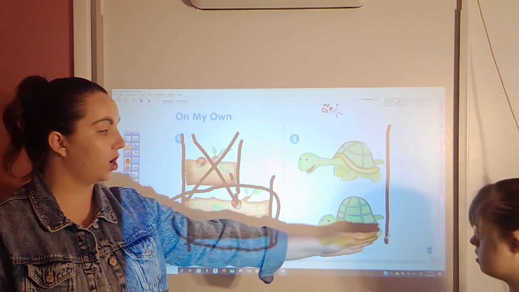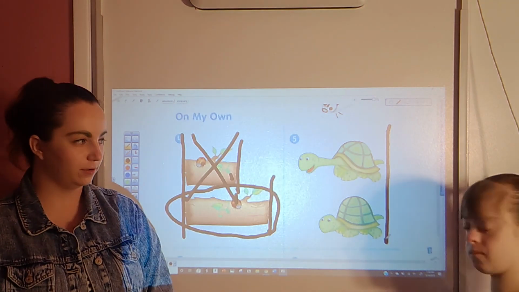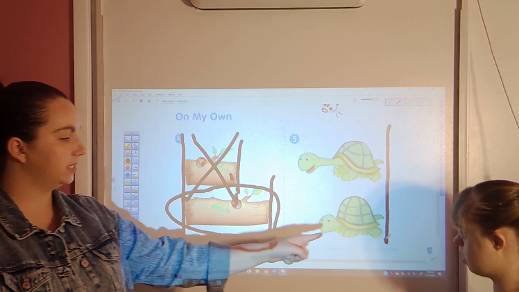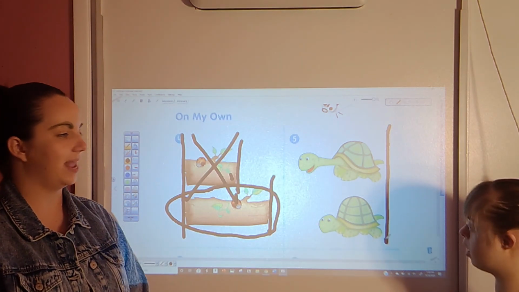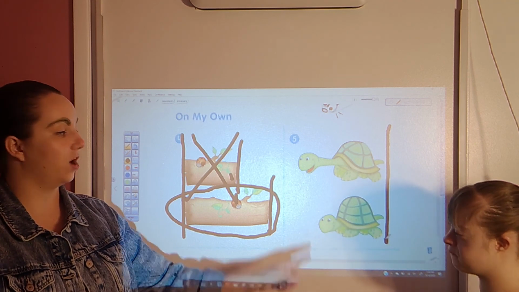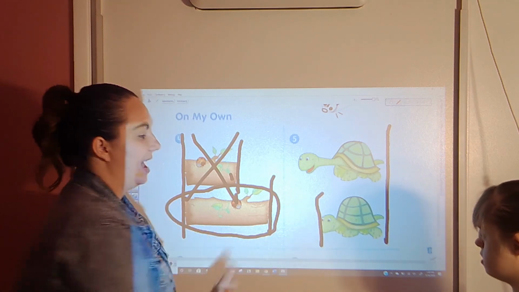Now we look across to measure the length of each turtle. Okay. Looking at this turtle and now going across this way, where does this turtle end, Kaylee? Where's his head end? Yep, across to there. Good. So I'm going to draw a line there to help me see.